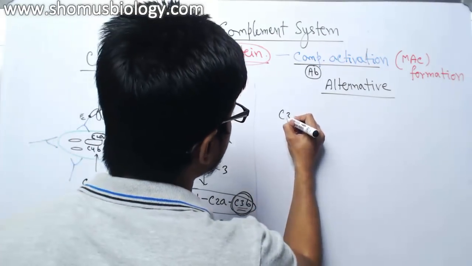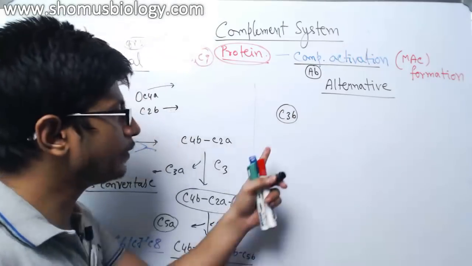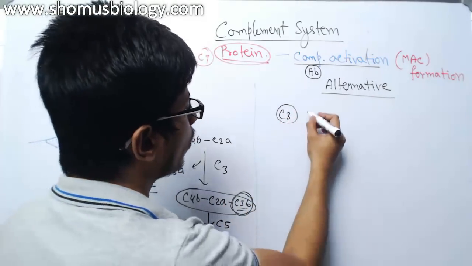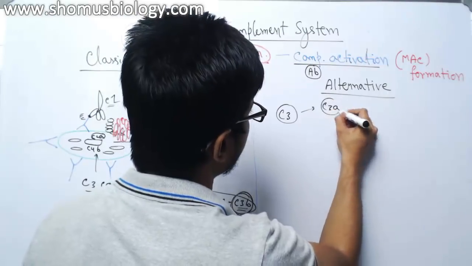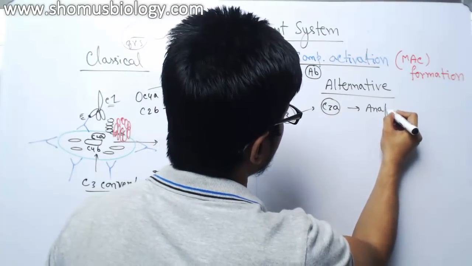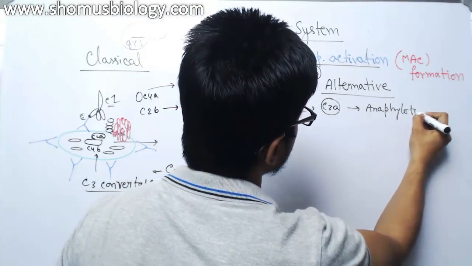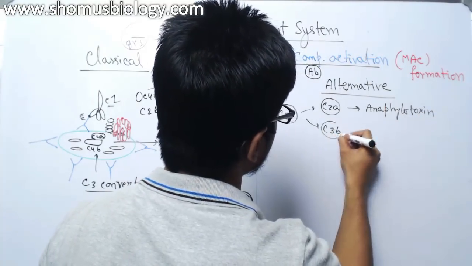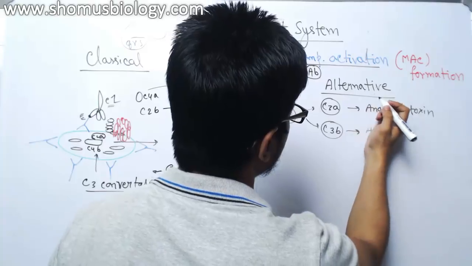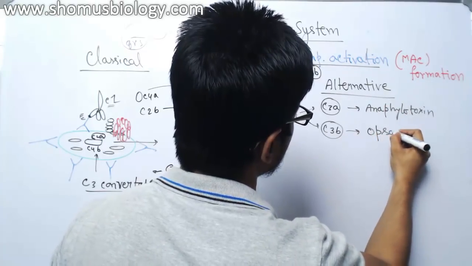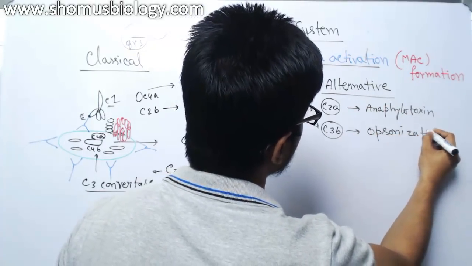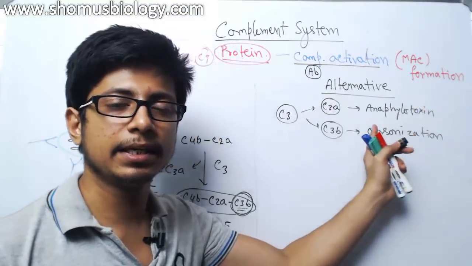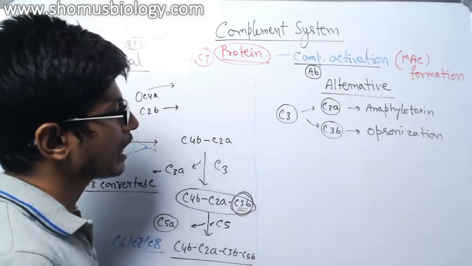The idea is C3 is a very important one, because if you break C3 down, you will form C3a acting as anaphylatoxin and C3b, which will be associated and helps in the process of opsonization. So both of them are important mediators and do some sort of signaling that can be visible from outside.